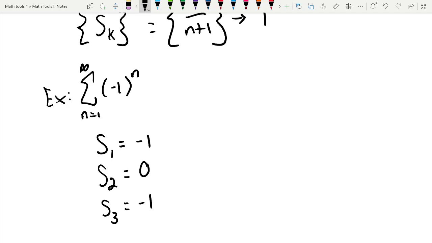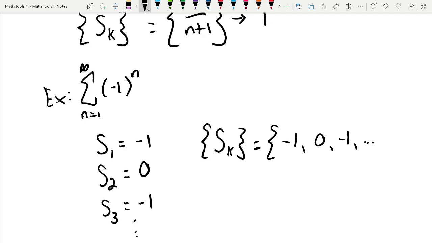So we'd be back at -1, etc. So the sequence here of the partial sums is alternating between -1 and 0. It's a little bit hard to write it out, so we might just write down the numbers here. But the important thing is that it's clear that this sequence is not converging to anything, right? So we would say that this is divergent. Okay, it can't be converging to anything if it's constantly alternating between these two numbers forever.